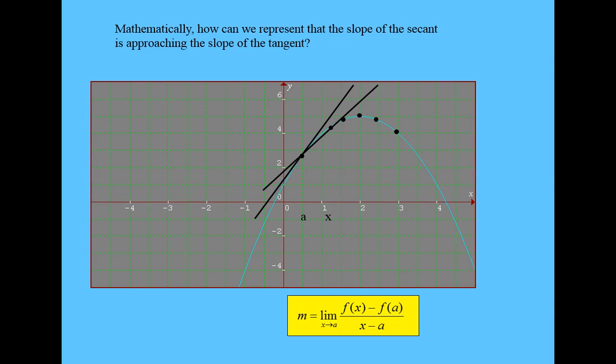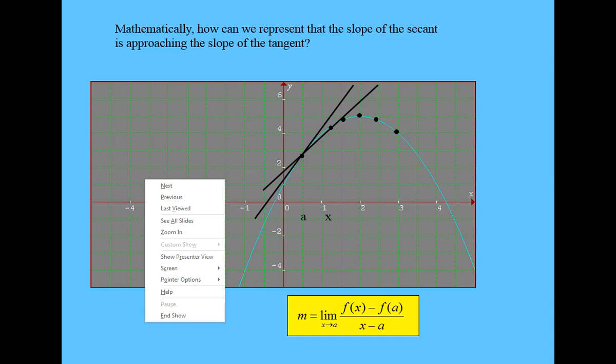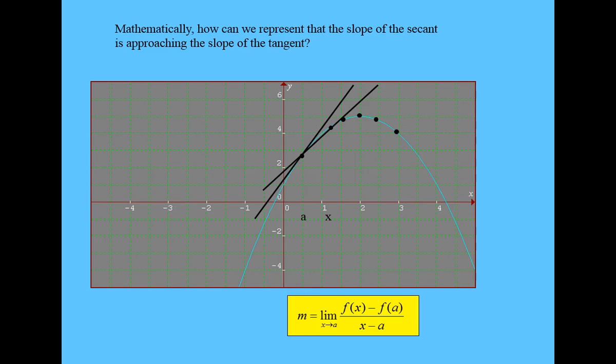Notice the f of x minus f of a divided by x minus a represents the slope of the secant line. But when we take the limit of f of x minus f of a divided by x minus a as x approaches a, then we find the slope of the tangent line. Notice that this right here is the slope of the secant line, but we also call this the difference quotient.